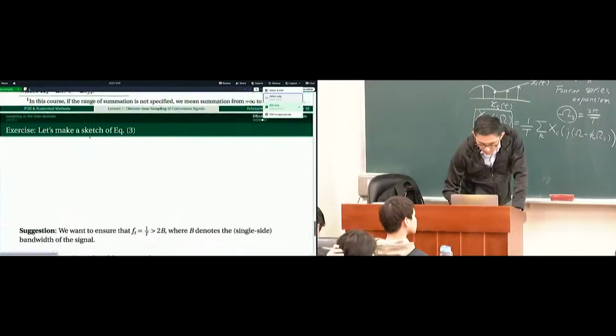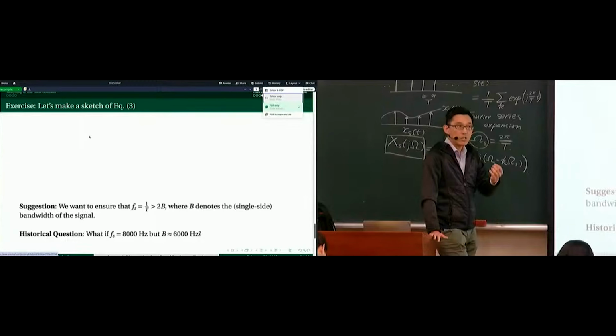Apply a low-pass filter in the analog domain to ensure that our speech signal, after filtering, does not contain any component that is higher than 4 kilohertz. Historically, that's what's been done. Okay, anti-aliasing filter.